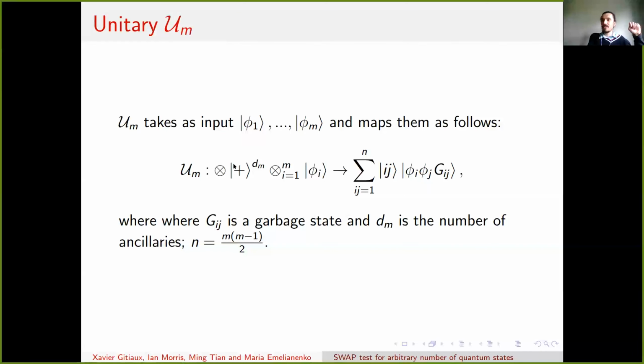This unitary UM takes some auxiliary wires and the m vector quantum states, and just untangles them such that for each pair, given an index ij, I can see each pair on the top two wires, the first two positions of the vectors.